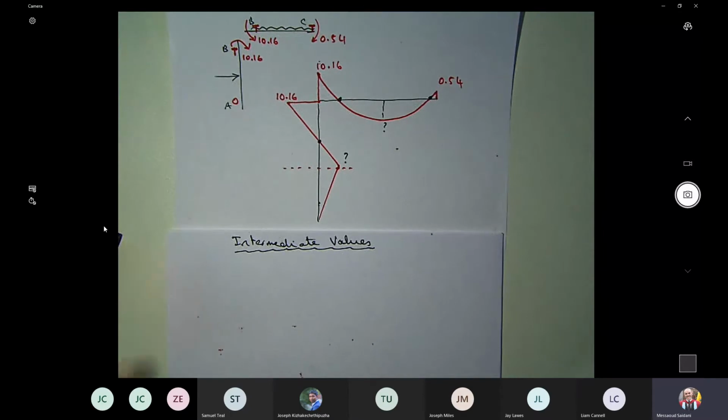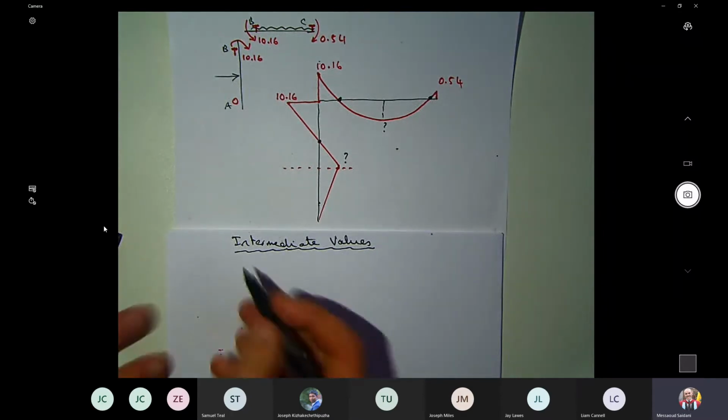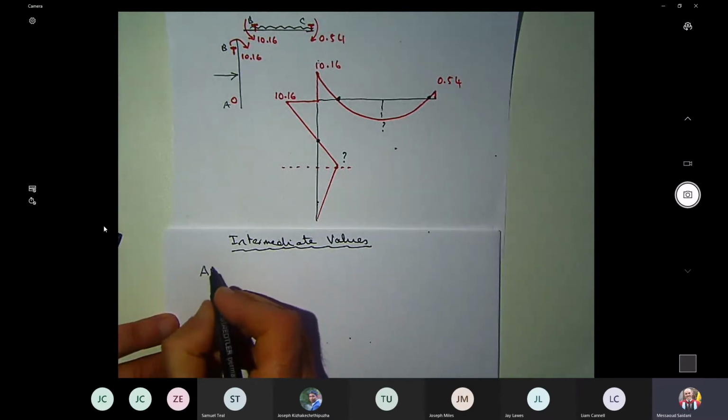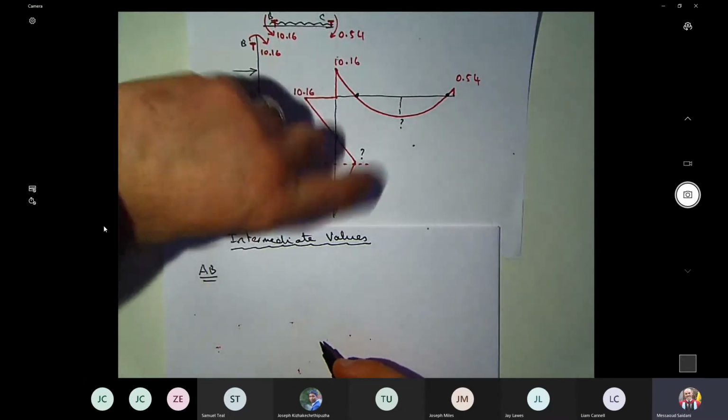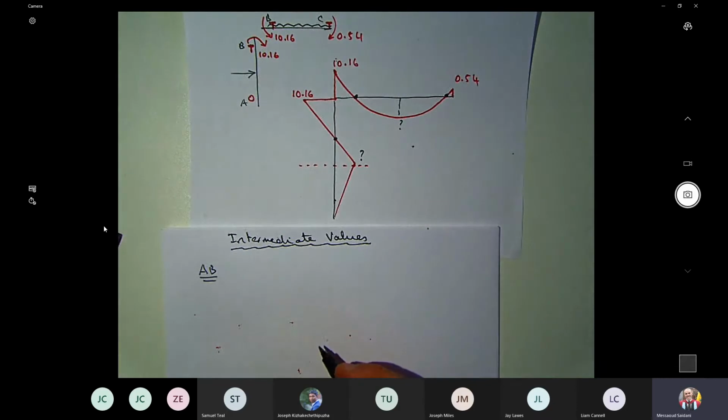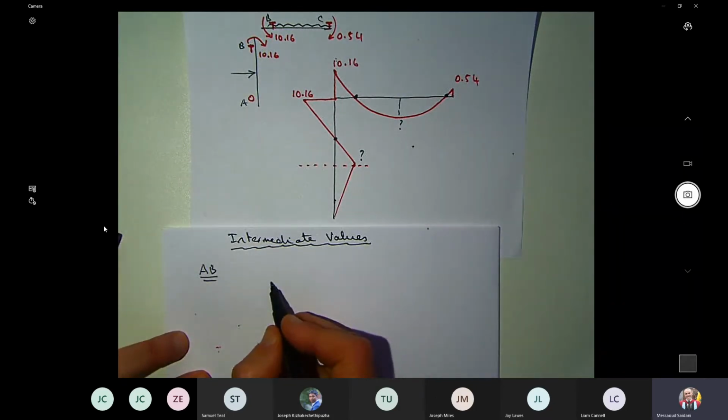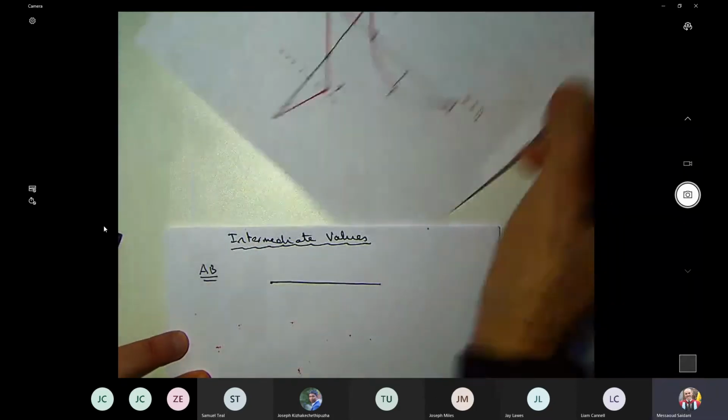Starting with AB, I'm going to flip this diagram horizontally. It's easier to see it, yeah? It's exactly the same. So let's take AB. This is AB.